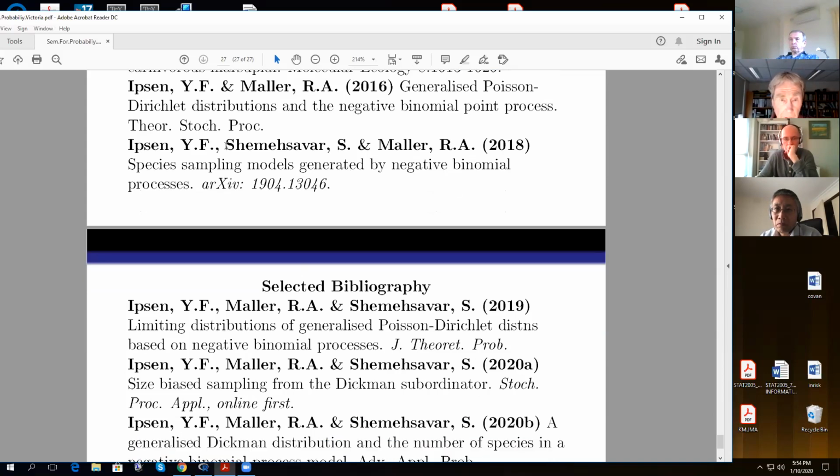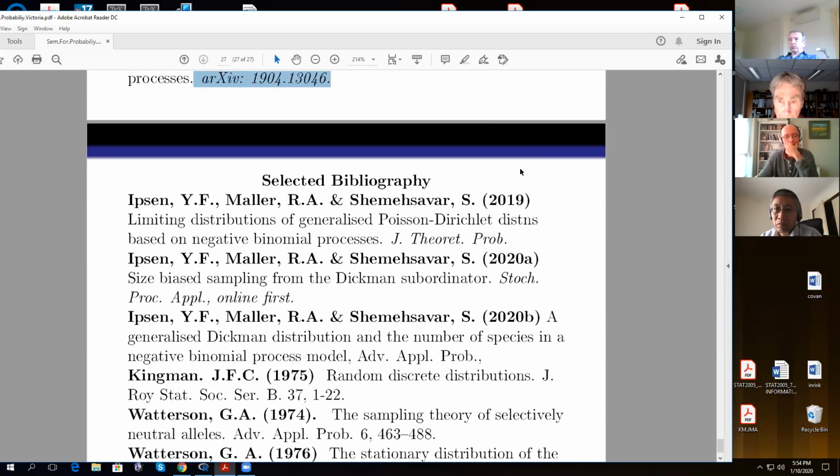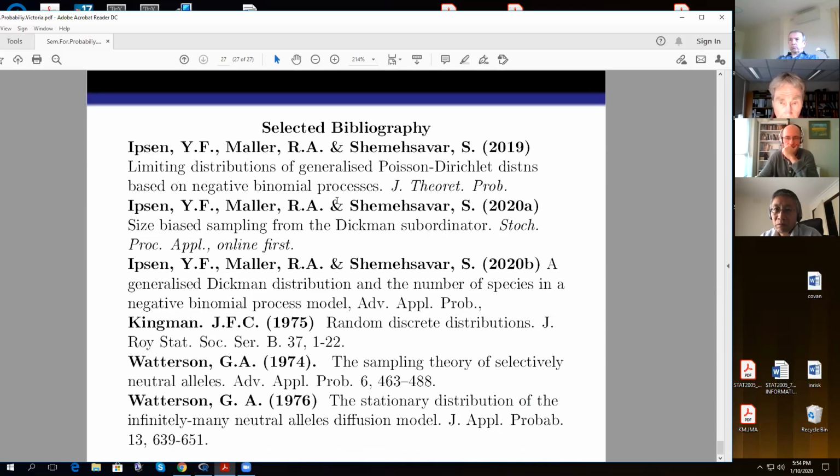It's one of these, I think this archive paper here, it's been listed up on there. And there's another paper by the three of us, which has also just appeared or is about to appear in Stochastic Processes and their Applications.